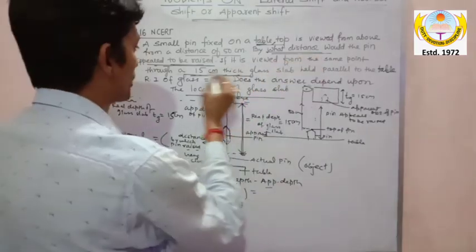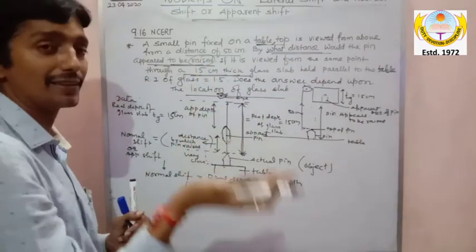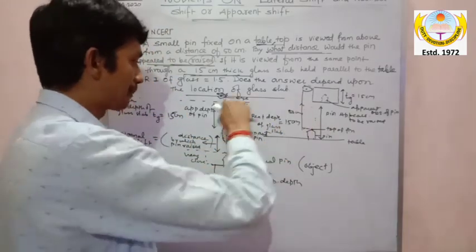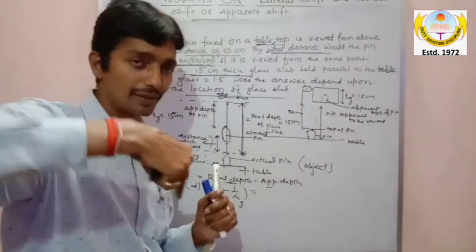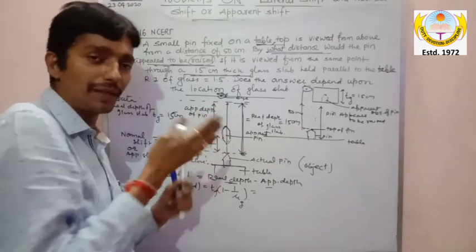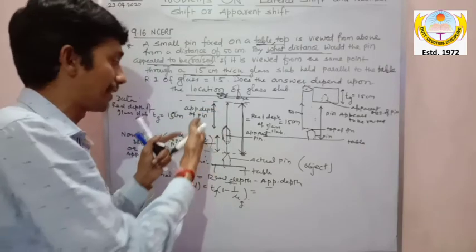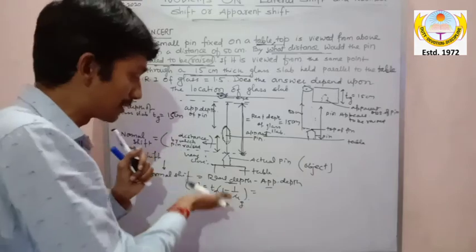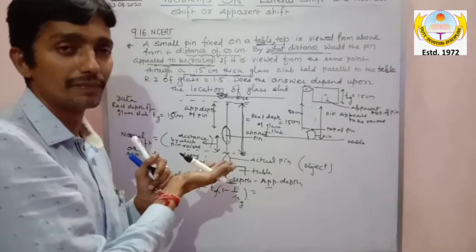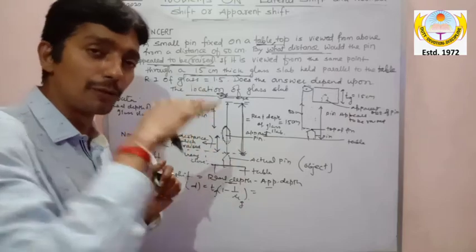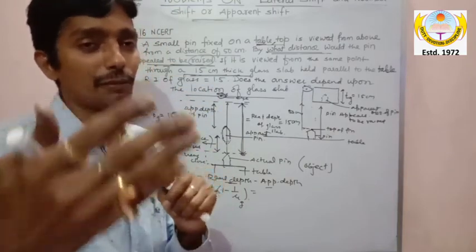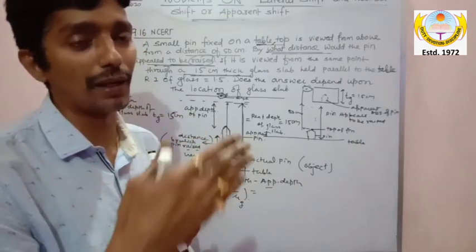So please, on the question, click by raised. Apparent depth, when you say the word depth, you look from the top, but raise is from the bottom. So please don't confuse normal shift with apparent depth. Normal shift is real depth minus apparent depth, which is measured from the bottom, and apparent depth you measure from the top. Please, this is from my side. Take care. I have told in all my videos also.